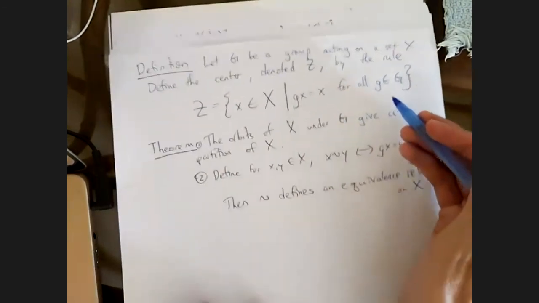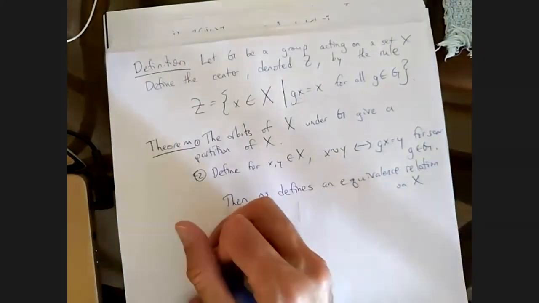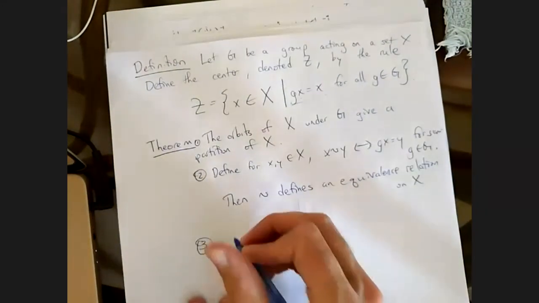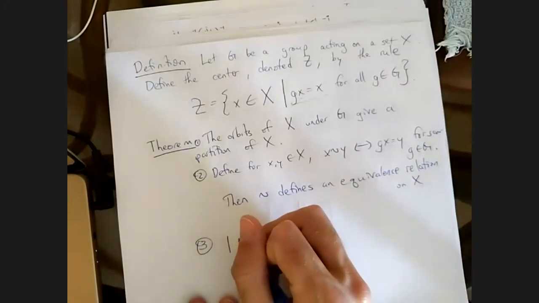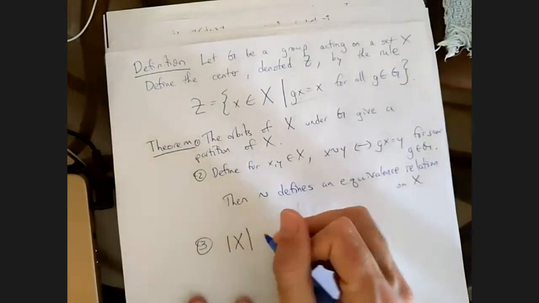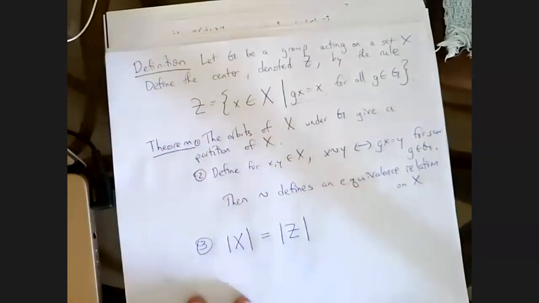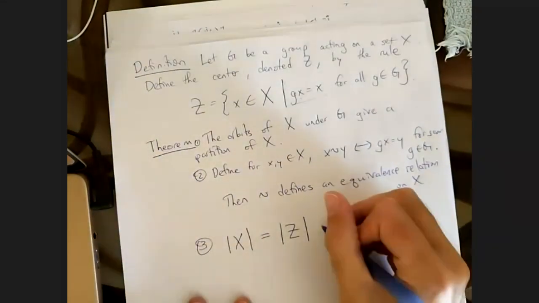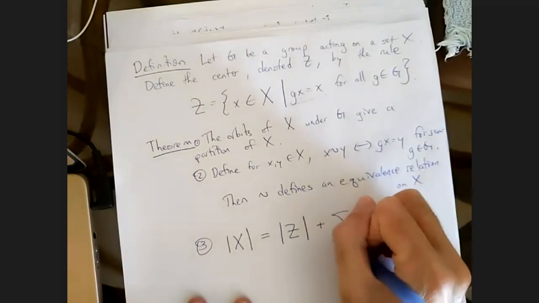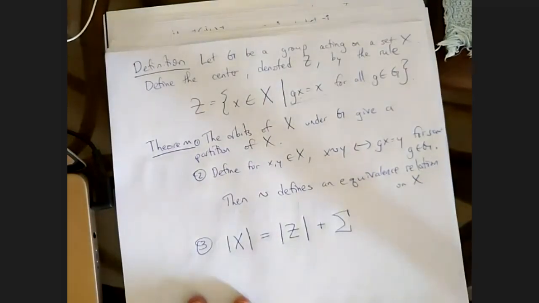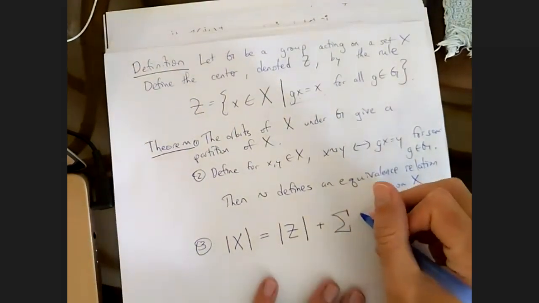Okay, and then what this implies is the theorem that the number of elements of X is equal to the number of elements of the center plus a summation. What's the summation?